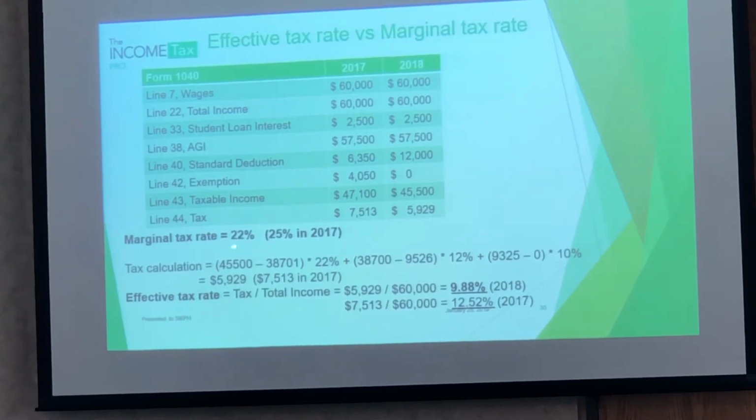So his marginal rate is 22%, but his effective rate is 9.88. In 2017, the marginal was 25. The effective was 12.52. What is the effective tax rate used for? It's only talking points. It's really meaningless.